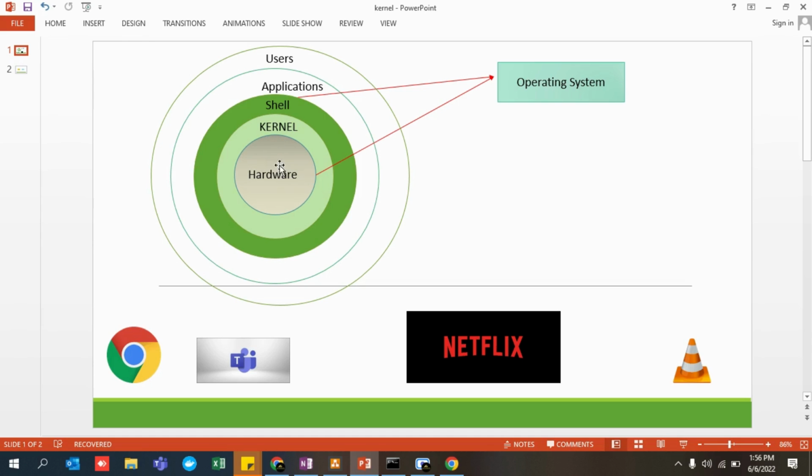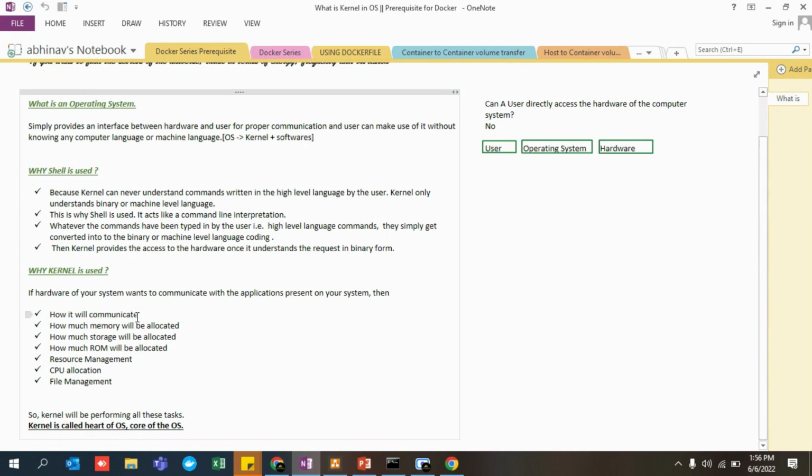If your hardware wants to communicate with your user, and the user is me myself, if I want to open Google Chrome or make use of an application, how is it going to open, and how much memory is it going to take? If I click on this MS Teams app, how much memory and storage will it take, what would be the RAM, and what would be the CPU allocation?